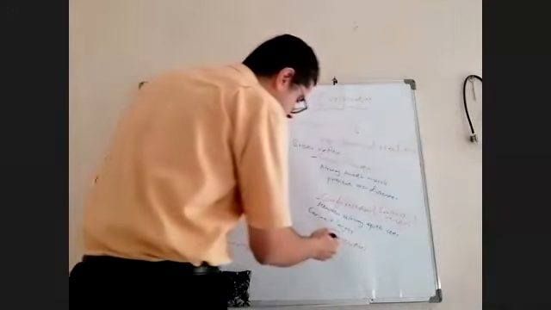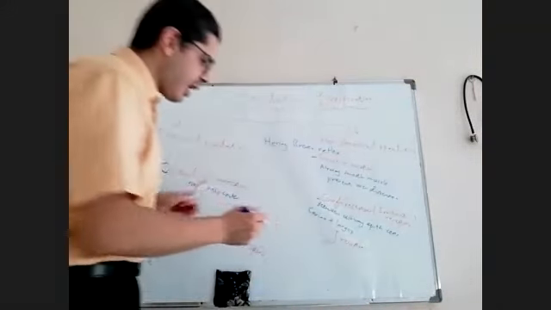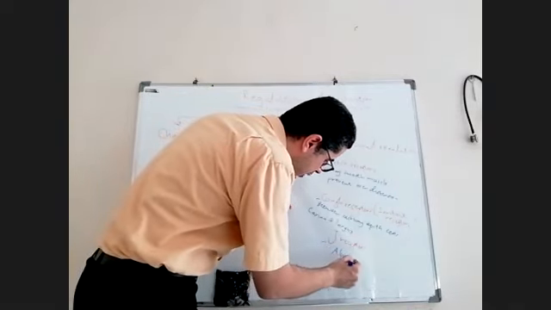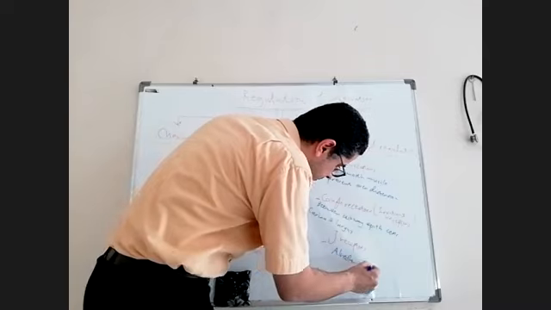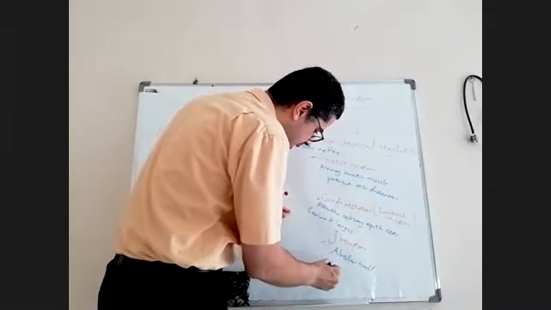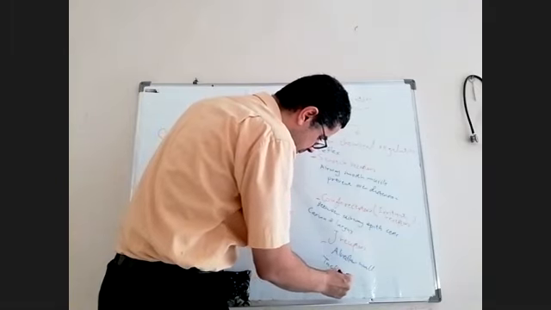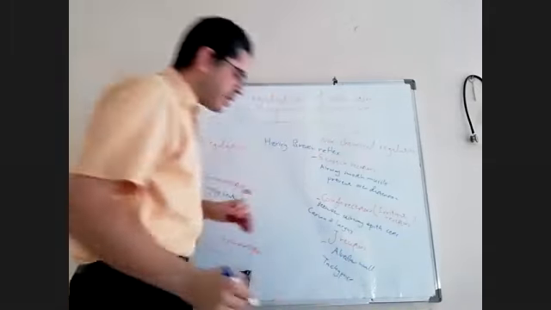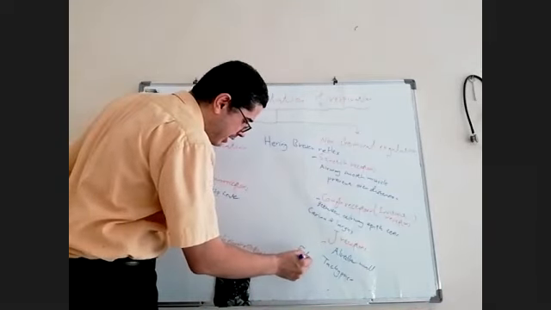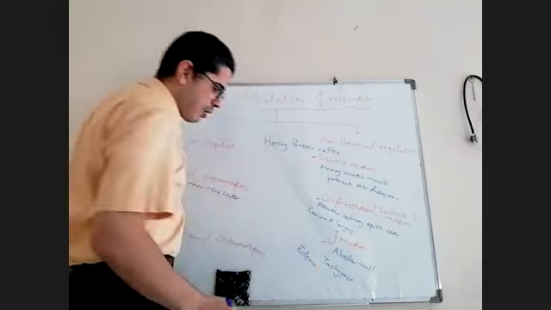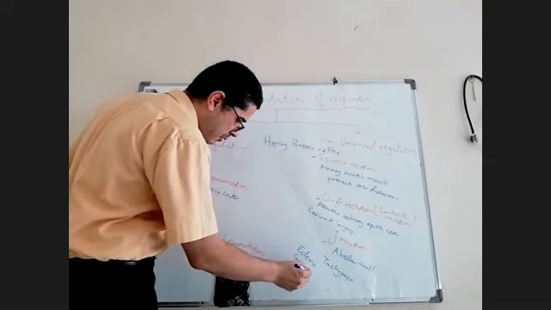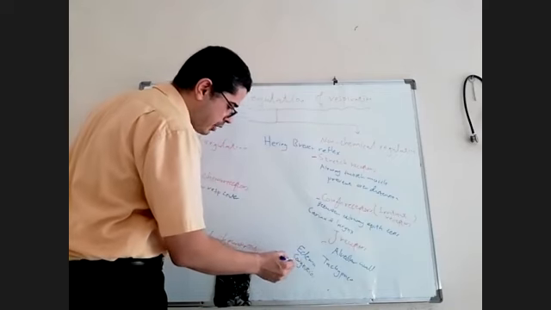J receptors or juxtapulmonary receptors are found on the alveolar wall, and they induce tachypnea. They are stimulated by edema, when we have pulmonary edema, pulmonary congestion, or pulmonary embolus.